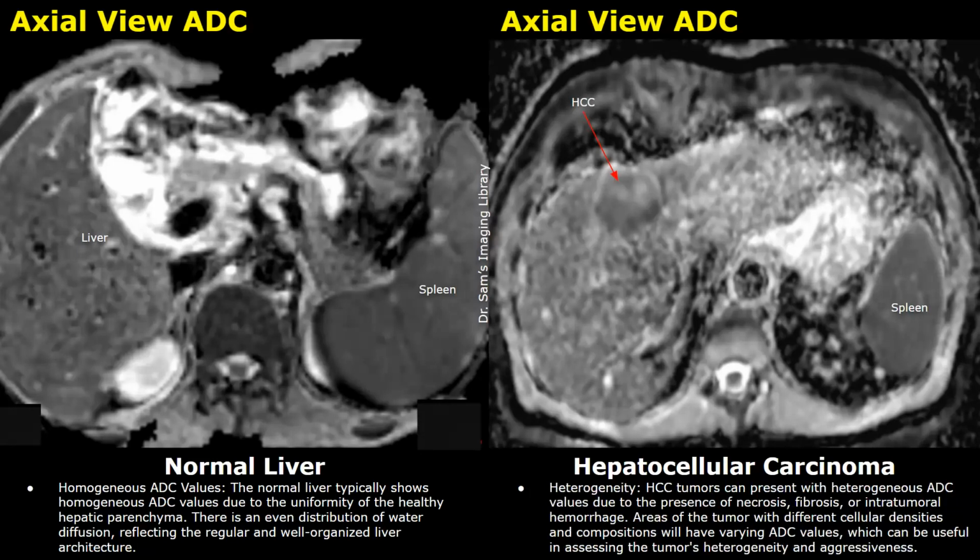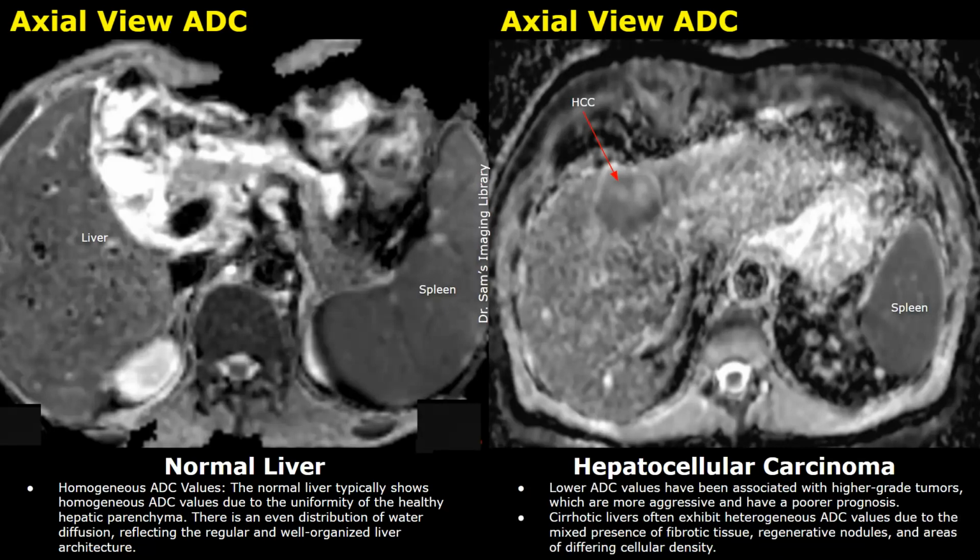These heterogeneous areas around the tumor are due to cirrhosis. The heterogeneous ADC values are due to the presence of necrosis, fibrosis, or intratumoral hemorrhage.